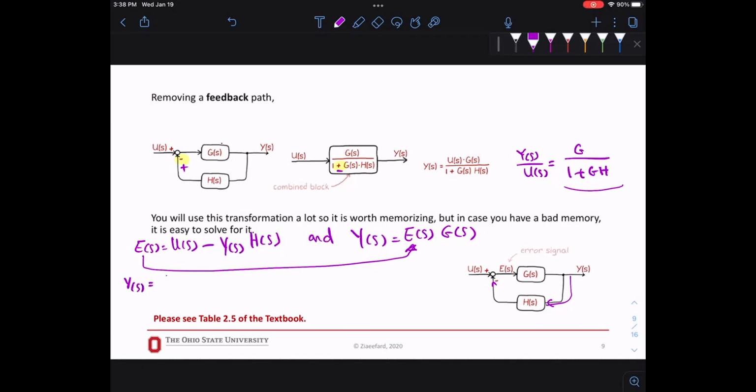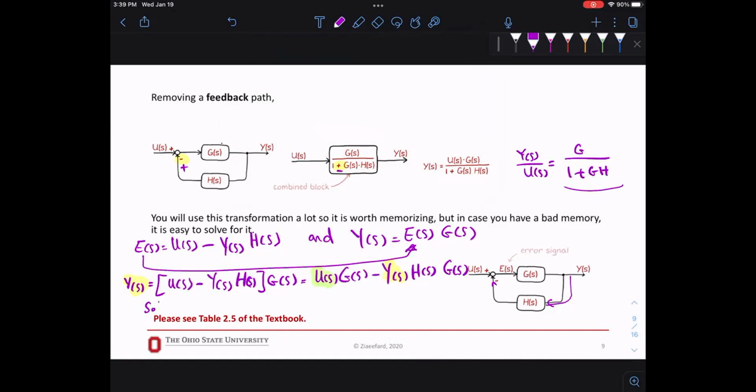Y(s) is U(s) minus Y(s)H(s), multiplied by this G(s). So you write U(s)G(s). Now, this is Y, this is Y. And remember that we want to make sure that U also appears in our equation.